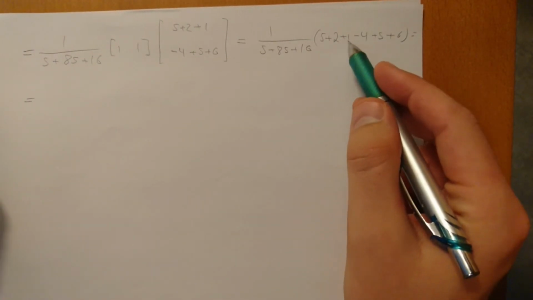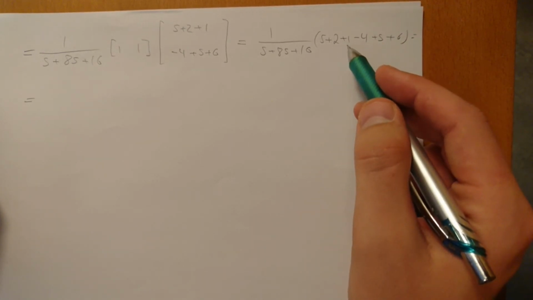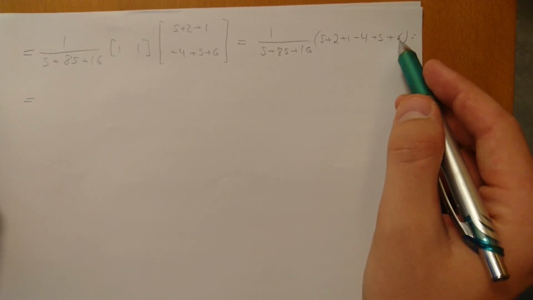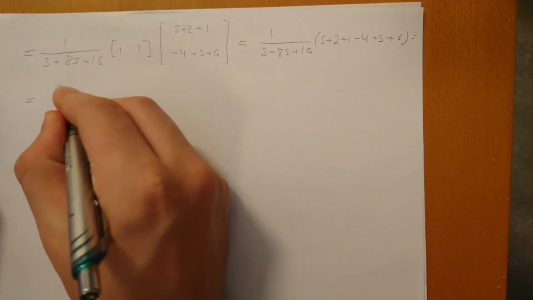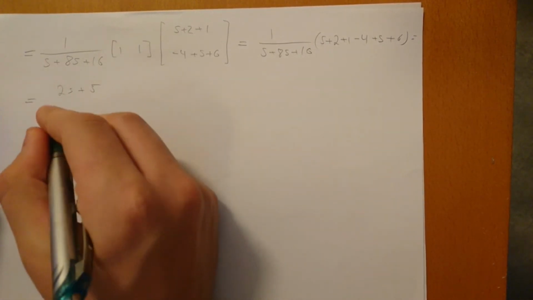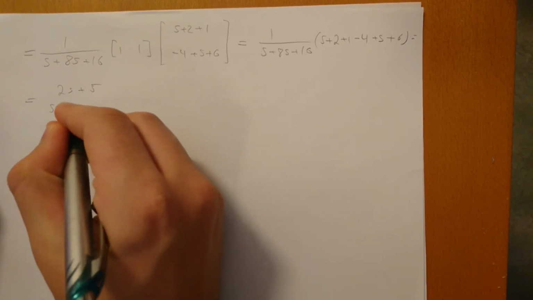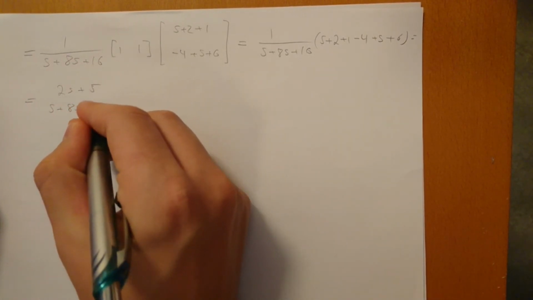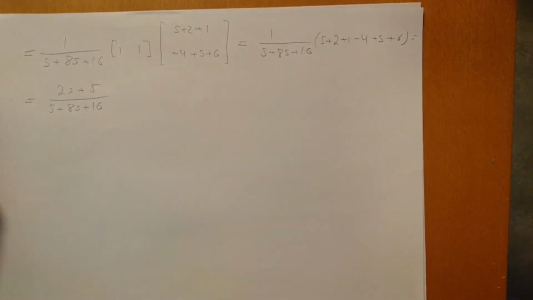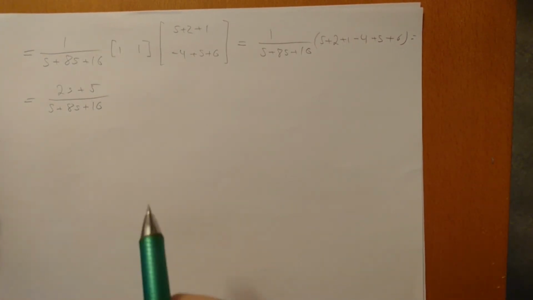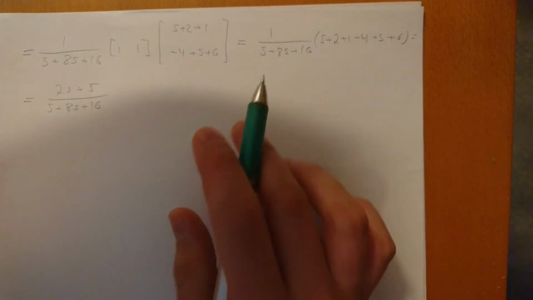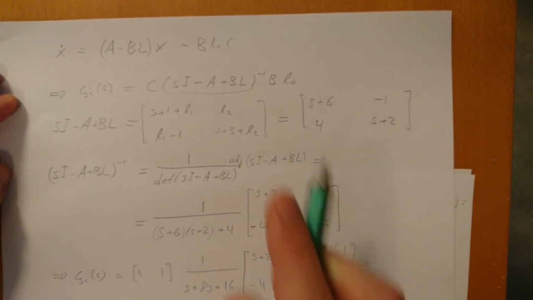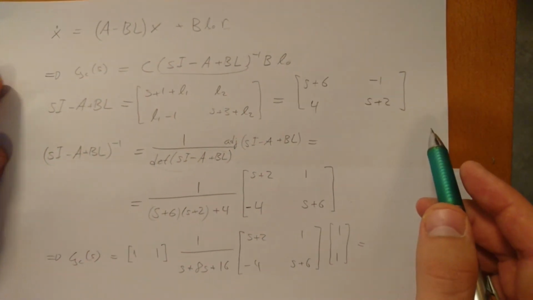Well, 2 plus 1 is 3, minus 4, that's minus 1, and then plus 6, that's 5, and then we have s plus s, so it's 2s plus 5 over s squared plus 8s plus 16. And now I just realized that I forgot this L naught thing.